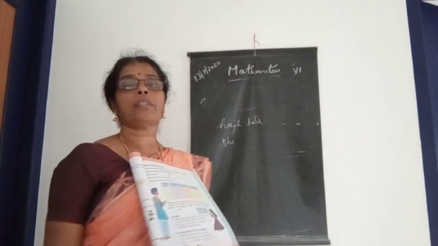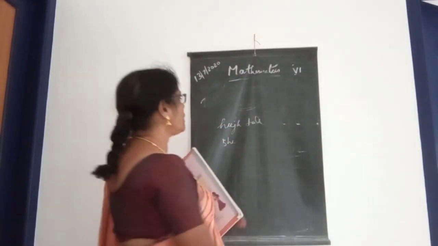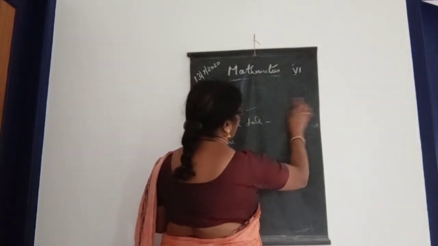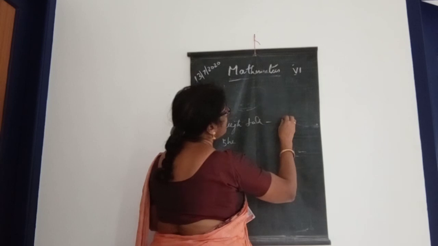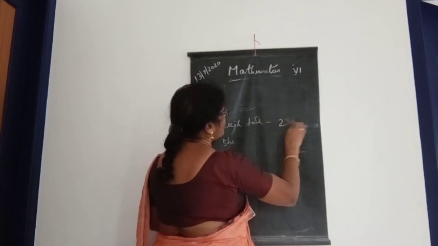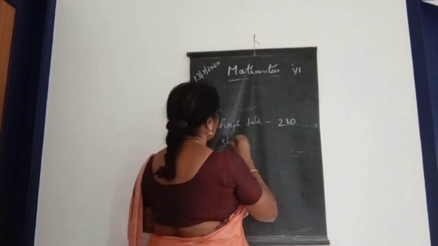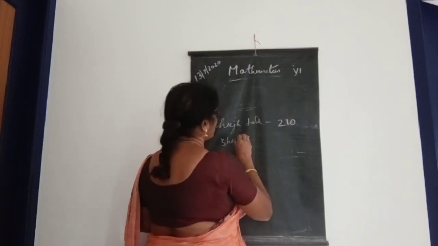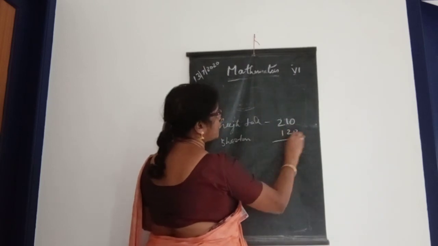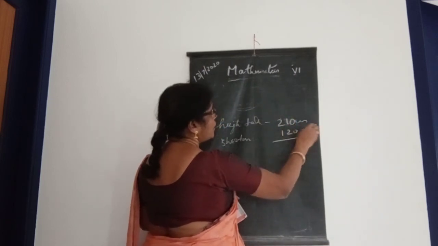And what is the difference? If the height of the tallest person is 180 or 230, 210, okay. And the shortest person's height is 120. Then what is the difference, children?